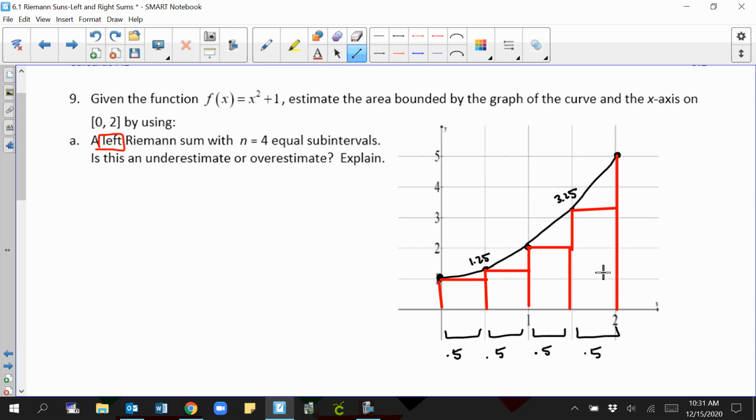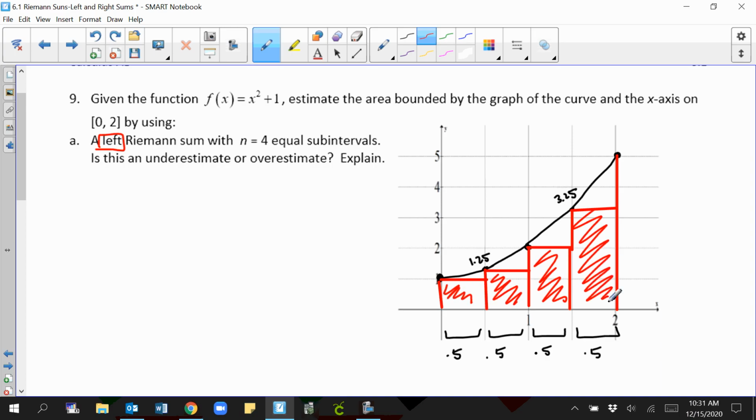So we get these rectangles here that go under our curve. So we've got 1, 2, 3, and then 4 right there. And so we're also going to be using these heights from our left points. So at 0, our height is at 1, and then we go to 1.25, then 2, and then 3.25.